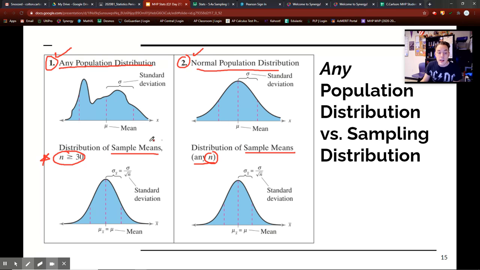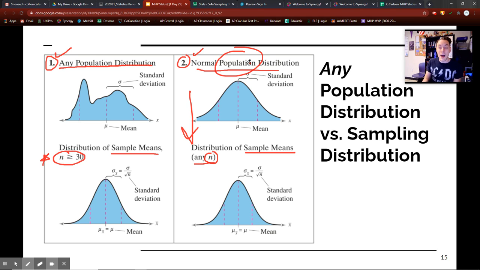Well, if it's not greater than 30, then you have to go to the next check mark and say, okay, is my population normally distributed? If it is, then you can continue down and perform your sample means calculations, which I'm going to show you in a little bit. If it's not, though, then you can't perform what we call the central limit theorem. We're actually going to touch a little bit on that next week.